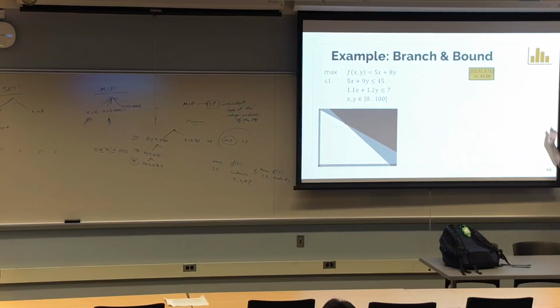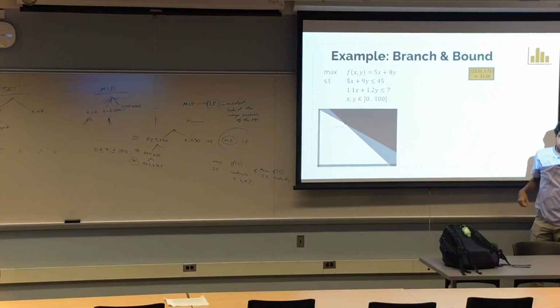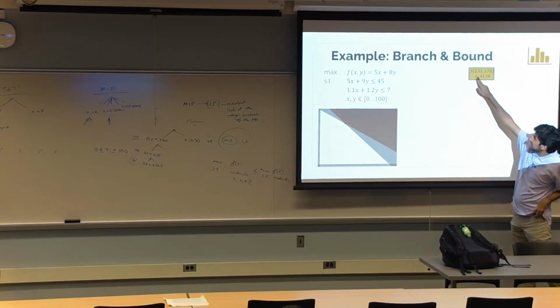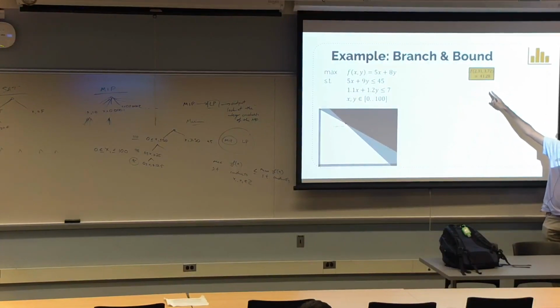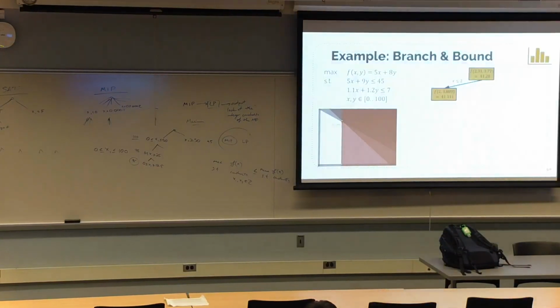So the first step is we put it into the LP, and it returns these values for x and y. Now we look at this and say x is supposed to be an integer, and it's not, and y is supposed to be an integer, and it's not. So we'll choose one of these, say x, and we'll branch.